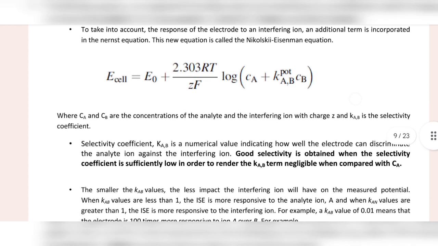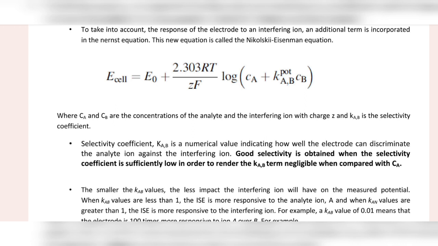The selectivity coefficient Kab is a numerical value indicating how well the electrode can discriminate the analyte ion against the interfering ion. If the Kab value is very small, that indicates good selectivity.